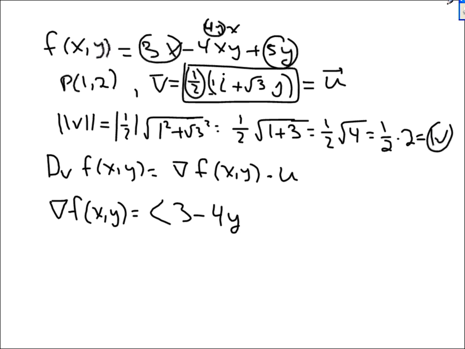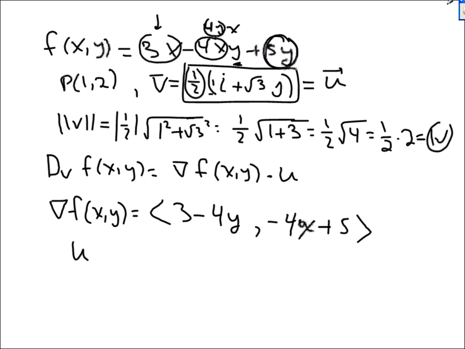Its derivative is 0. It's fx, comma fy. The derivative of 3x is 0. Minus 4x is a constant. The derivative of y is 1. So you just get negative 4x. Plus the derivative of 5y is 5.